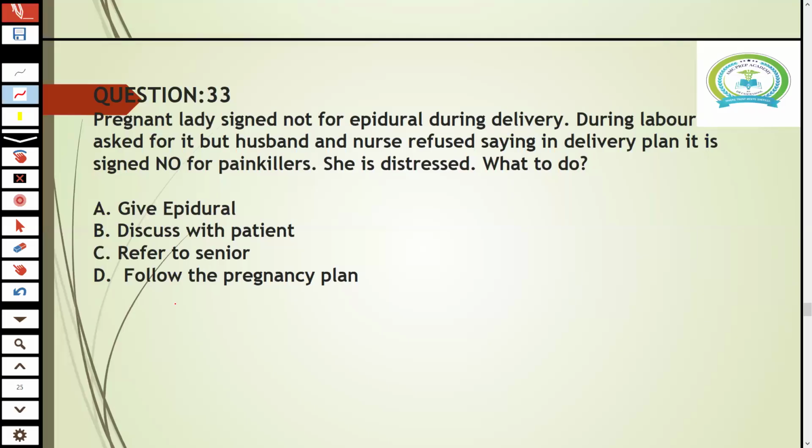So most of you answered A, and most of you answered B. Both are correct, by the way. Now we have to see what we need to choose in which situation.